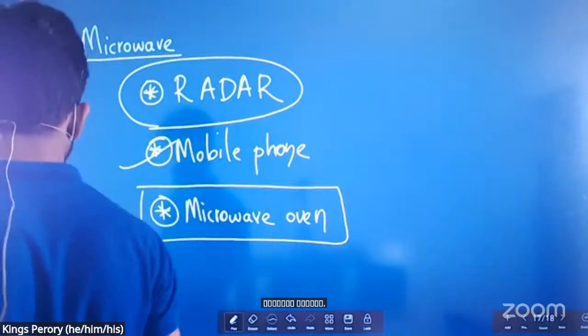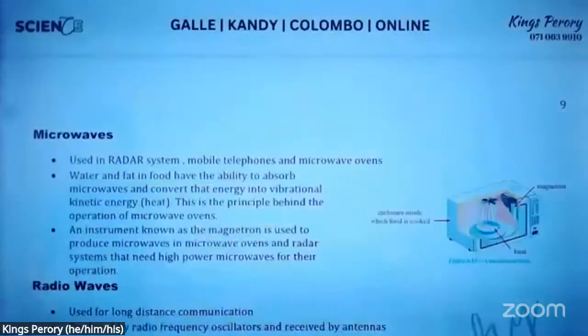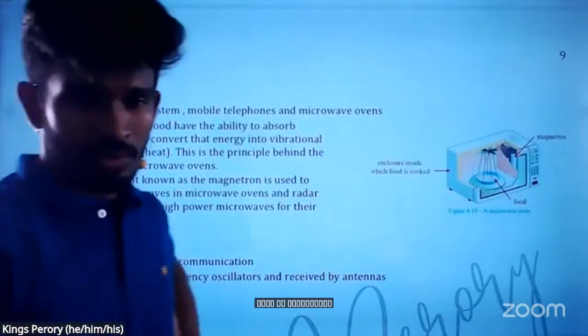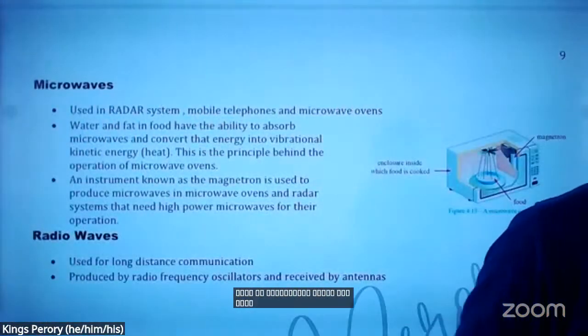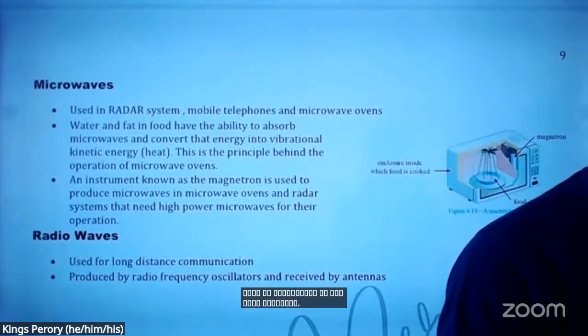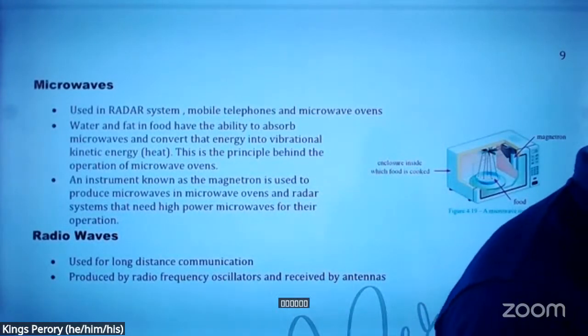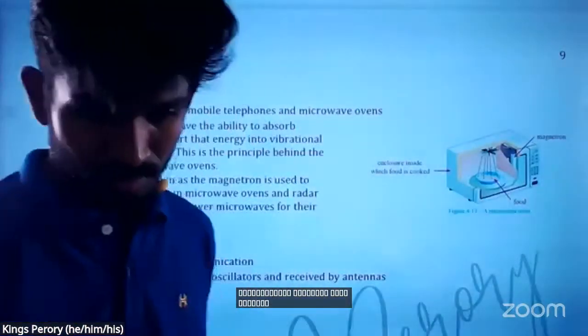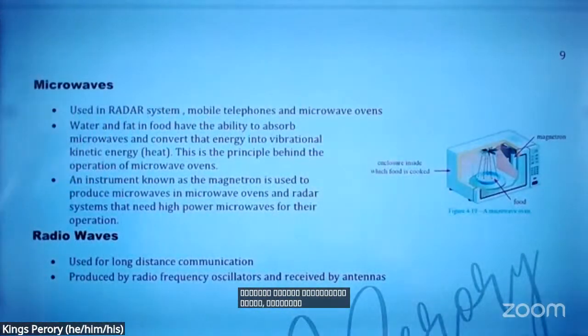Coming to microwave, who is there to read? Microwaves are used in radar systems, mobile telephones, and microwave ovens. Water and fat in food have the ability to absorb microwaves and convert that energy into vibrational kinetic energy, heat.